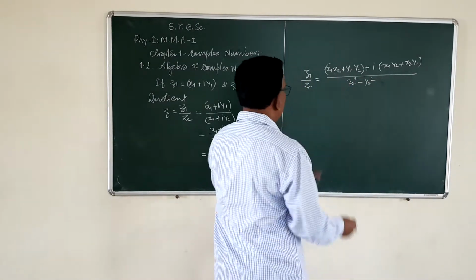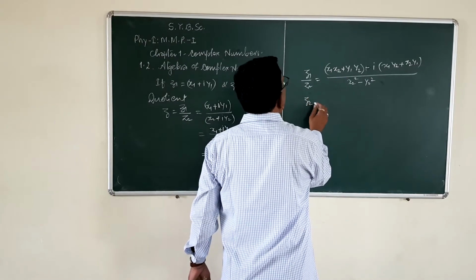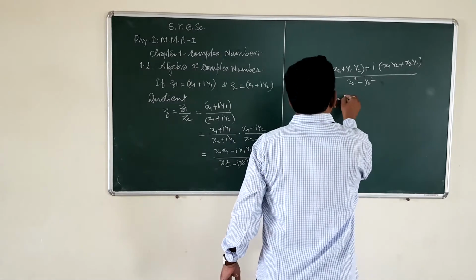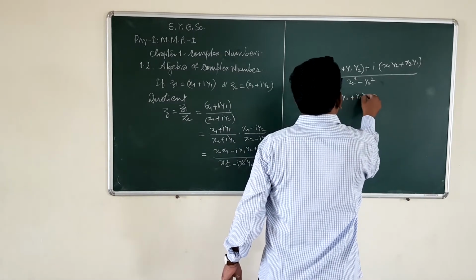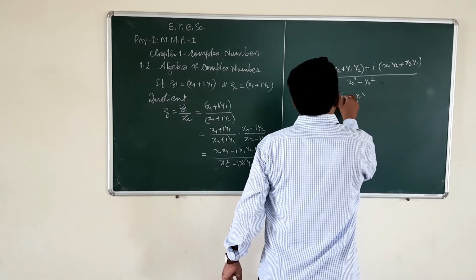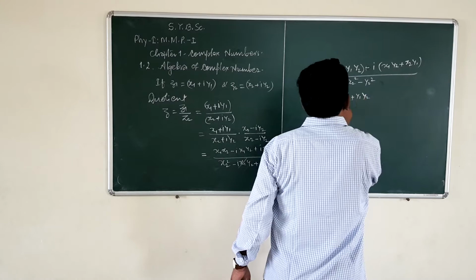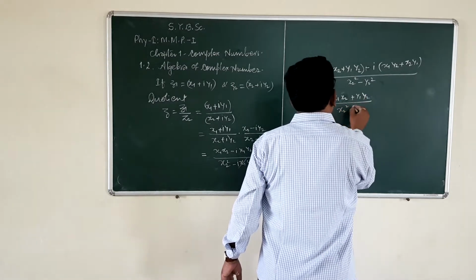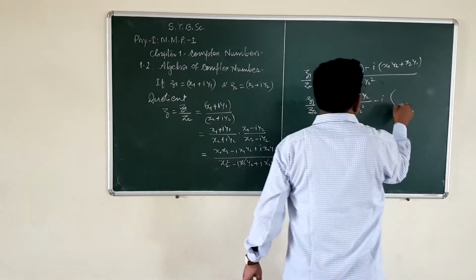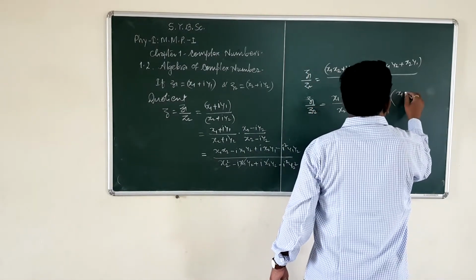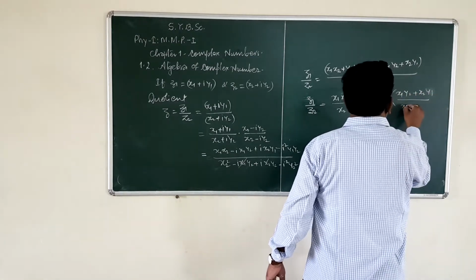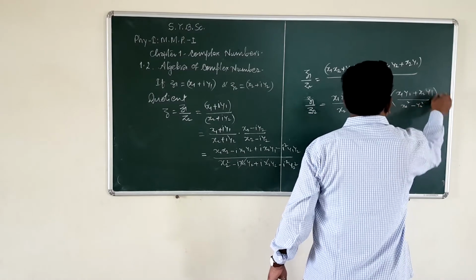Here we can separate the real and imaginary parts, and after separating them, we will get x1 x2 plus y1 y2 upon x2 square minus y2 square, minus i times x1 y2 plus x2 y1 upon x2 square minus y2 square.